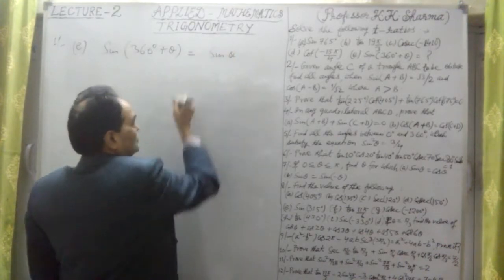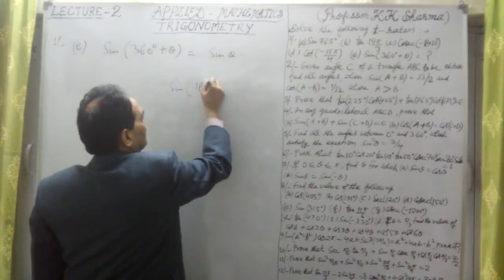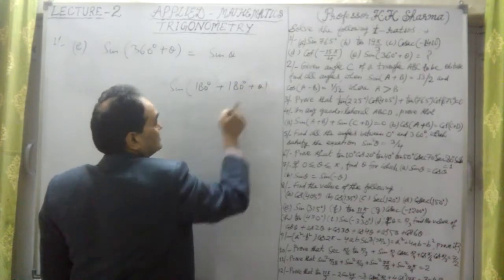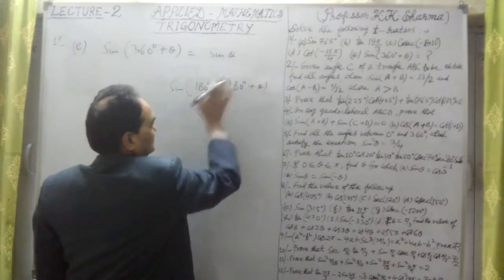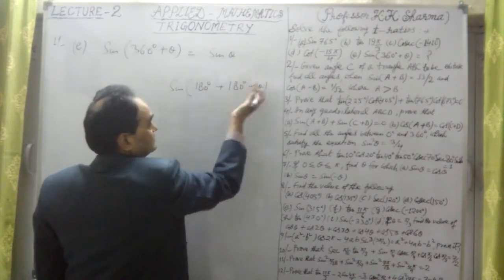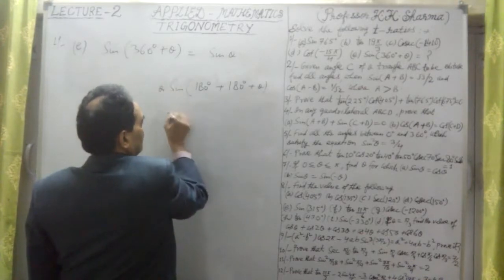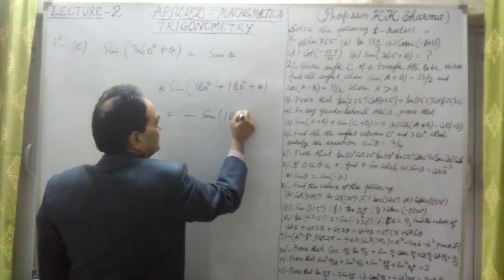Or we can write it another way, by converting it into 180 plus theta type. Sine of 180 degree plus theta is negative, so we can write this as minus sine of 180 degree plus theta.